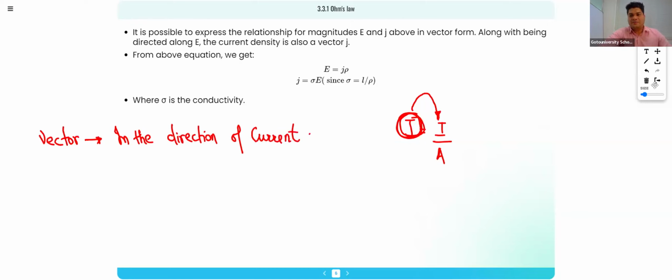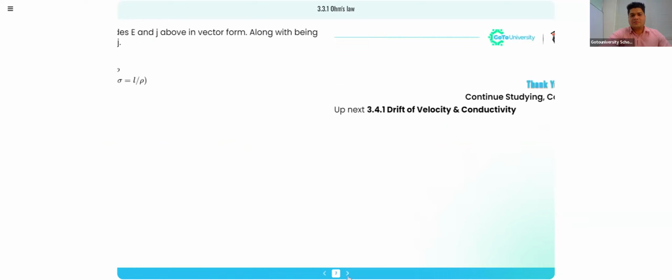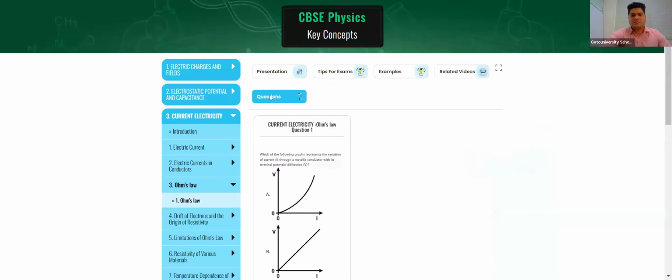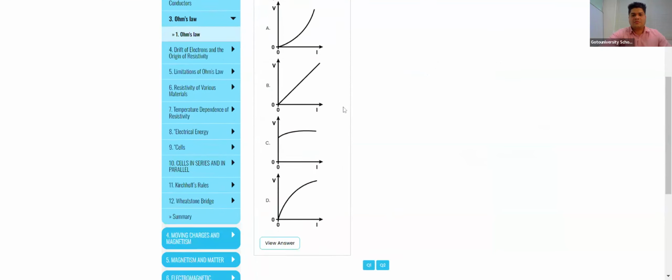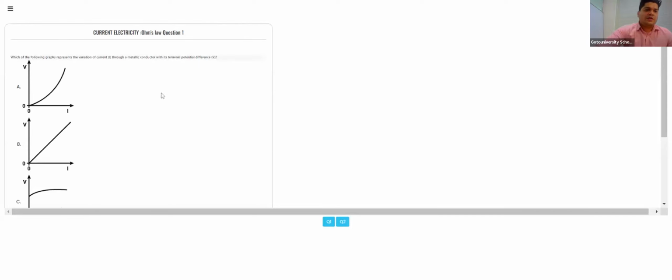Okay, then the question is: which of the following graphs represents the variation of current through a metallic conductor with its terminal potential difference? A, this one.